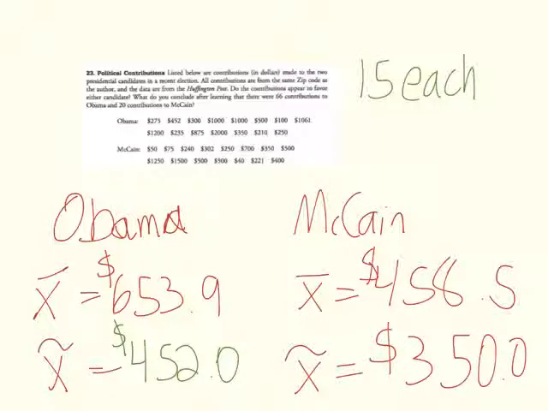Well, it does appear that Obama gets a larger average contribution than McCain does. But the second question may be even a little bit more telling about this particular zip code. What do you conclude after learning that there were 66 contributions to Obama and 20 contributions to McCain? Well, obviously we had more people doing the contributions for Obama.